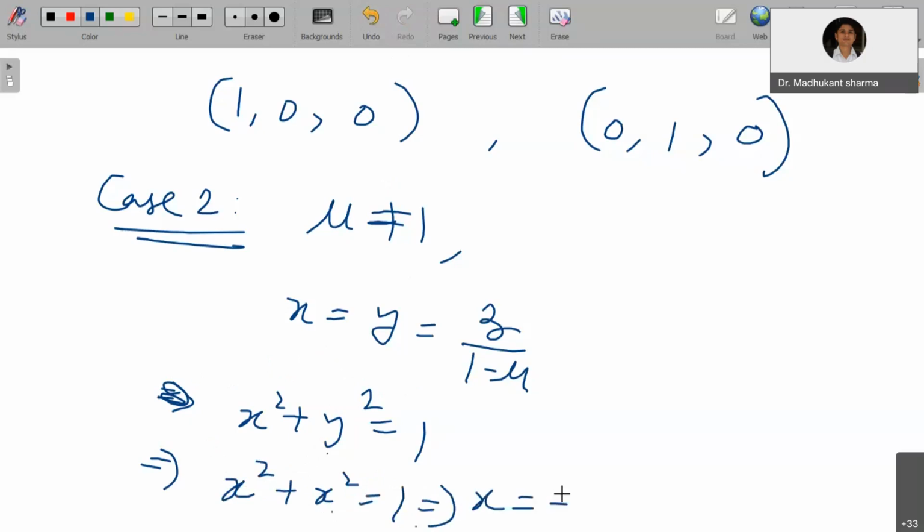So x equals plus minus 1 by root 2, and y is also plus minus 1 by root 2. Now you have to find the z value.